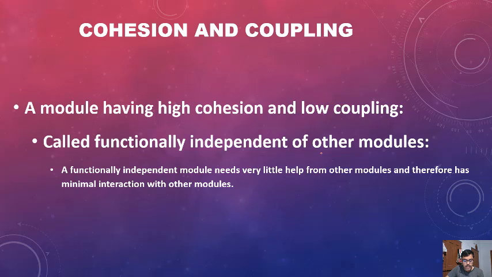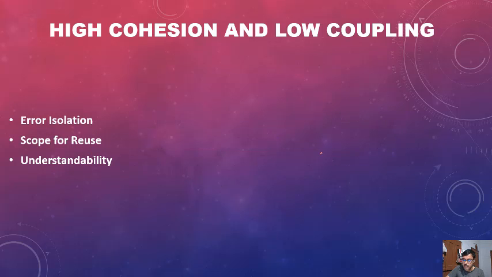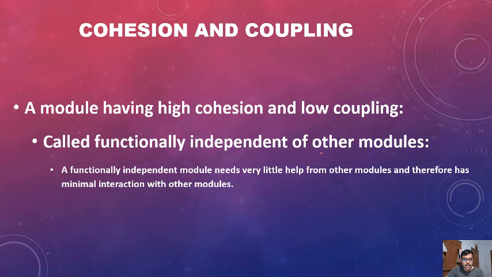To understand cohesion, let us first go through some ideas about why high cohesion and low coupling are necessary for us. Actually, if a module has high cohesion and low coupling, then we call them functionally independent of each other. A functionally independent module needs very little help from other modules and therefore has minimal interaction with other modules.